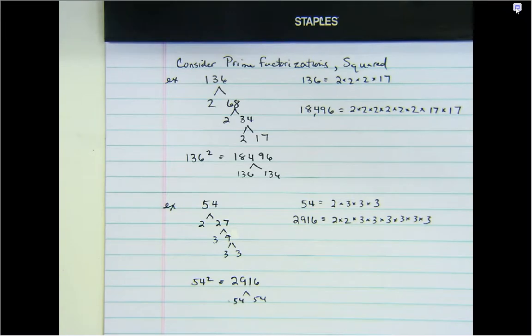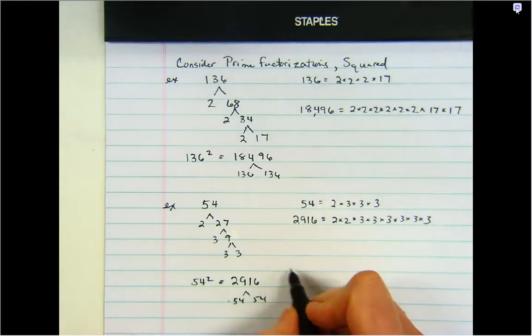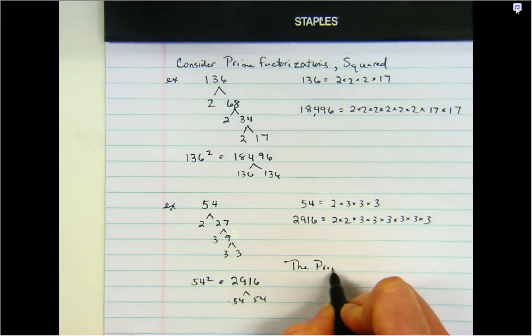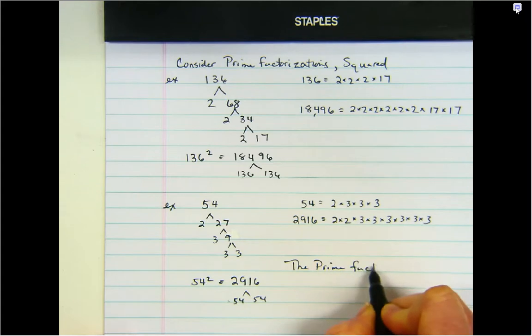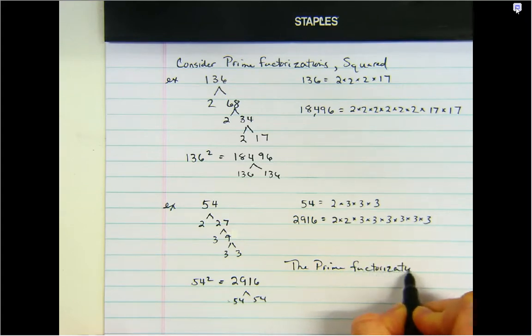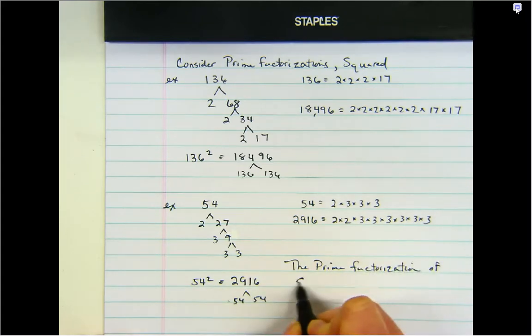Well, the point of all of that was to point out that the prime factorization of squares always has an even number of factors.